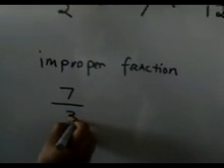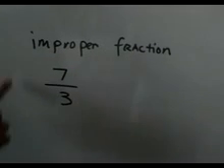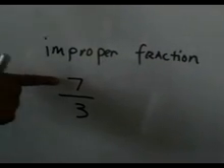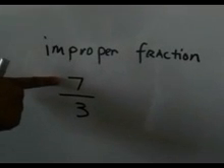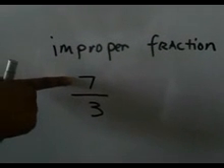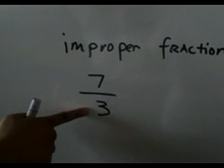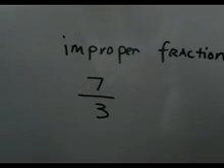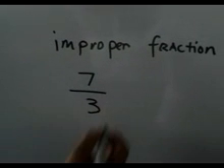An example of an improper fraction is 7 over 3. This is an improper fraction. Notice that the numerator 7 is greater than your denominator, which is 3. Hence, this is an improper fraction.